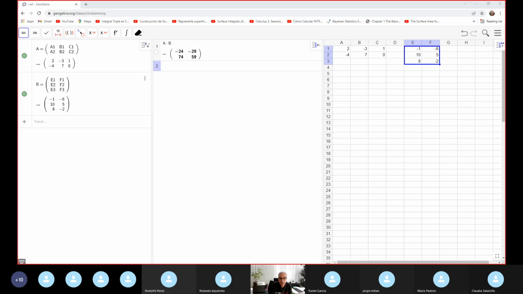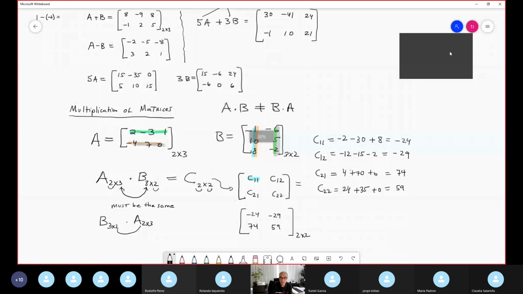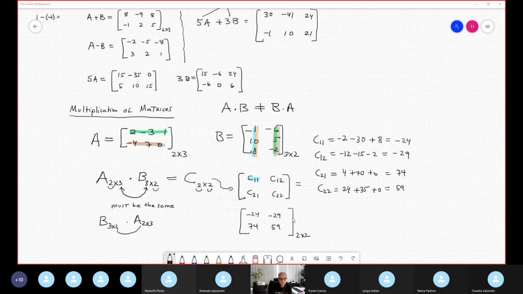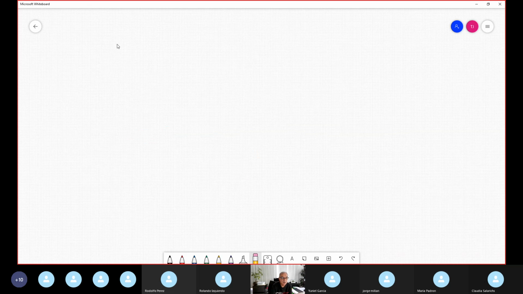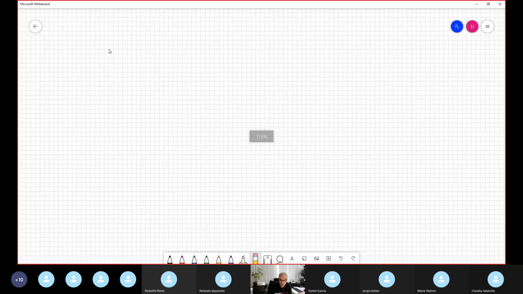Whiteboard. Okay. Do you see the whiteboard? Yes, we see it. Okay. I want to explain now the inverse matrix.